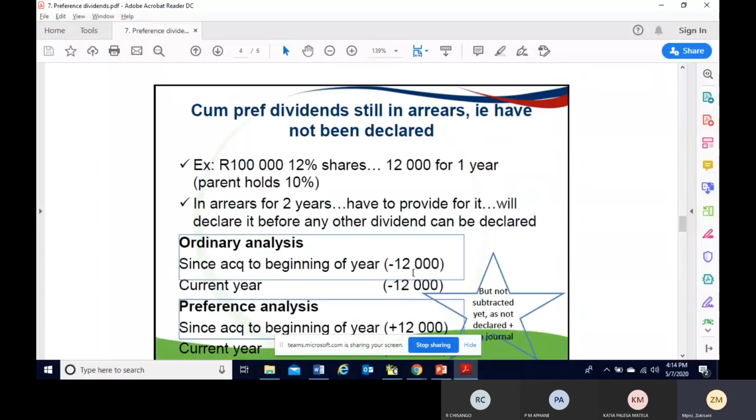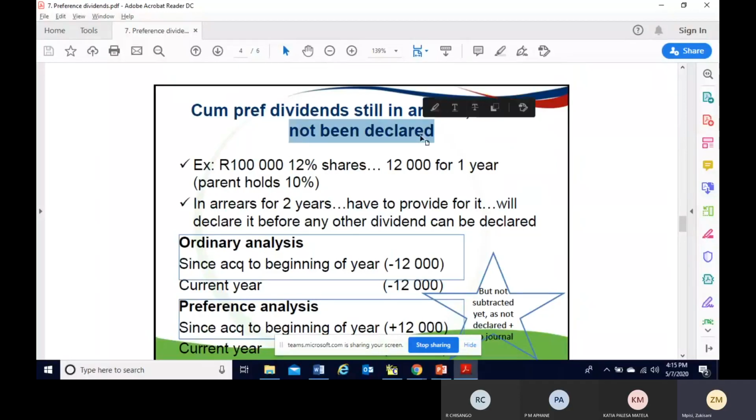So initially we just spoke about preference dividends paid. The second classification or type of preference dividend is cumulative preference dividends. When we're saying cumulative preference dividends, we're saying they accumulate from when they were not paid in the previous years. So we're saying here still in arrears, but have not been declared.